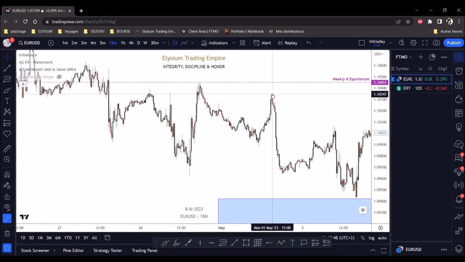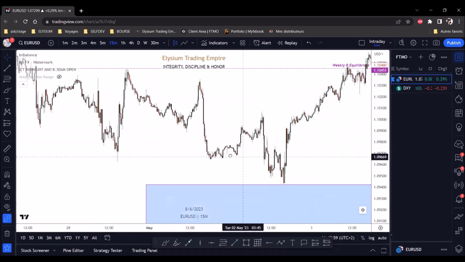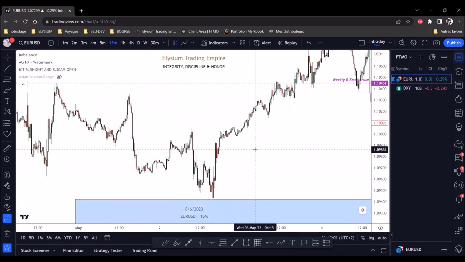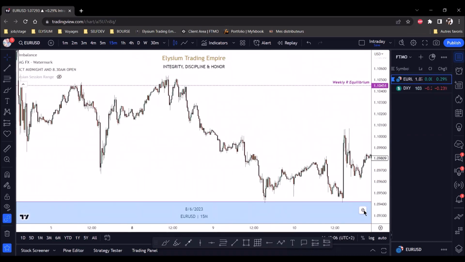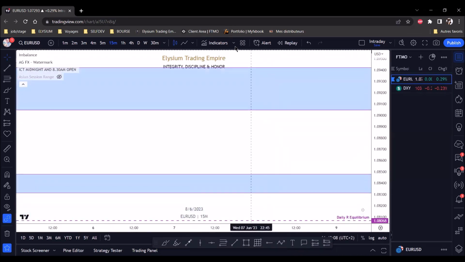Here it could be valid because we still have a move, but you see it's not the right direction.